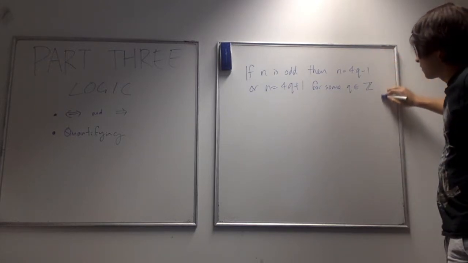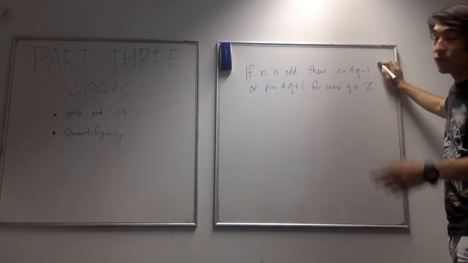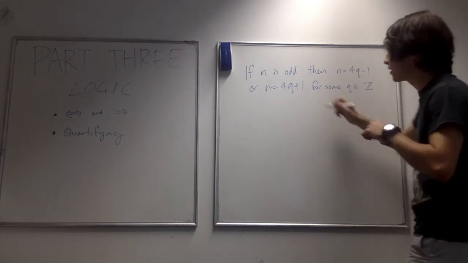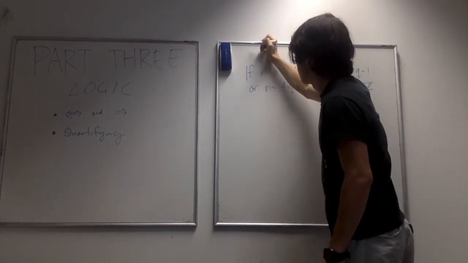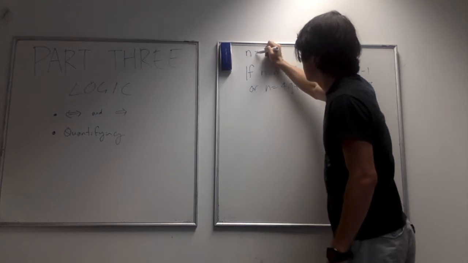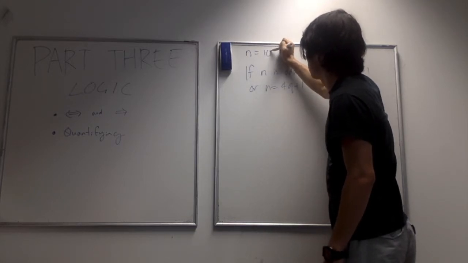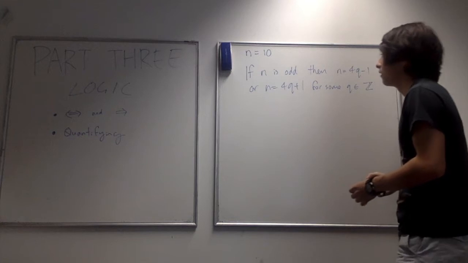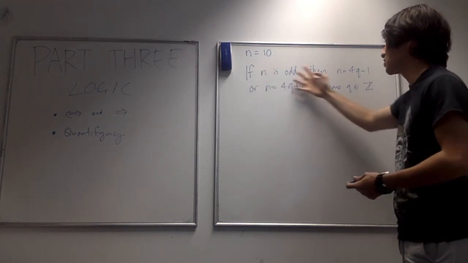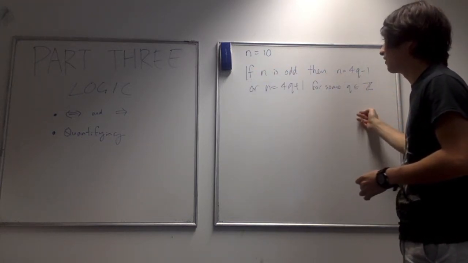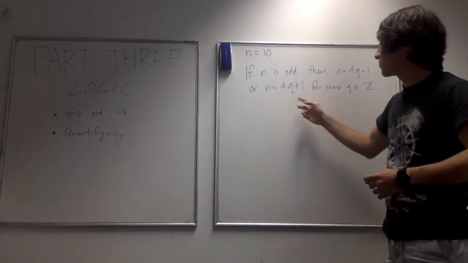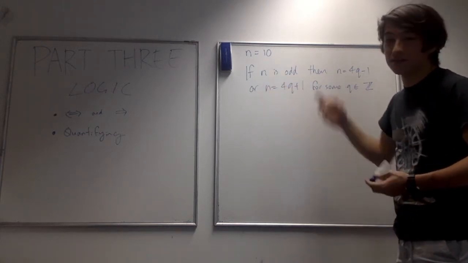The reason the universal quantifier shouldn't appear is because there could be a line above here that says n is equal to 10, right? Then this is true because it's vacuously true, because n isn't odd, so the implication is true.